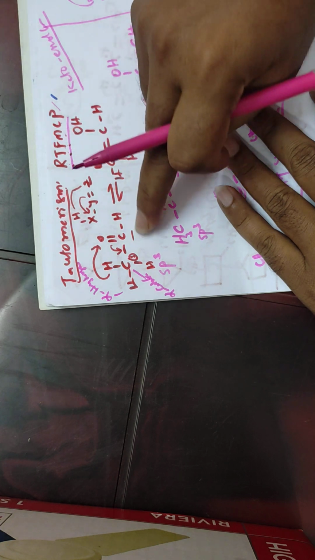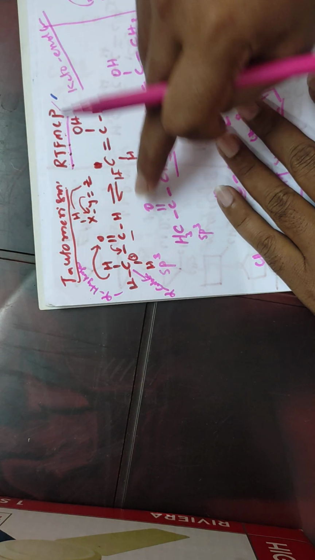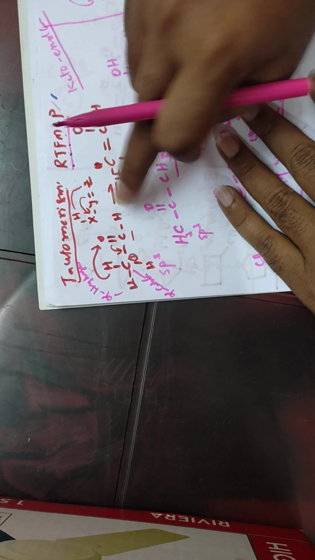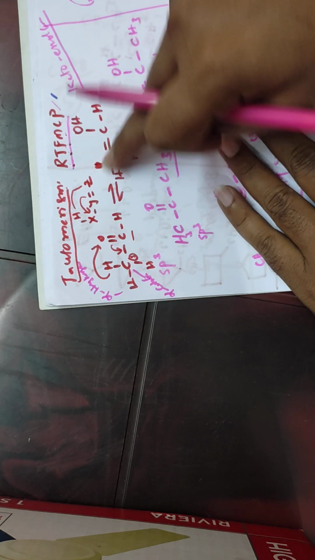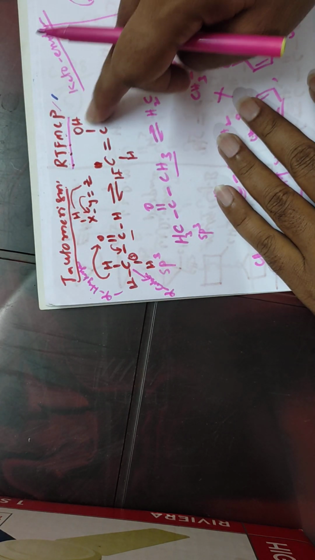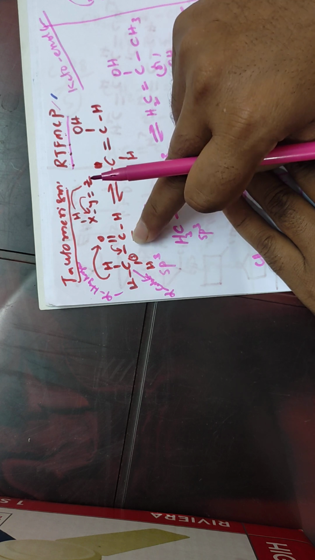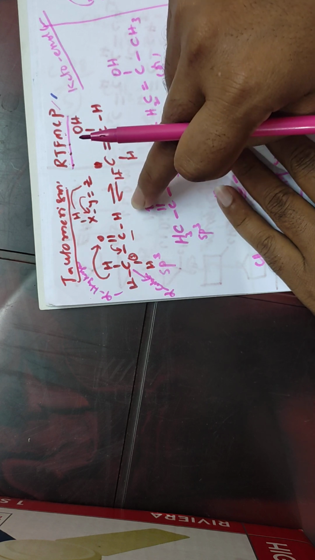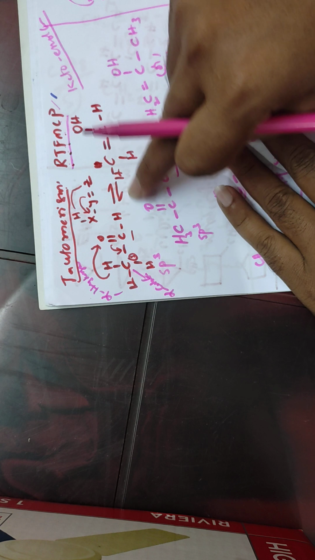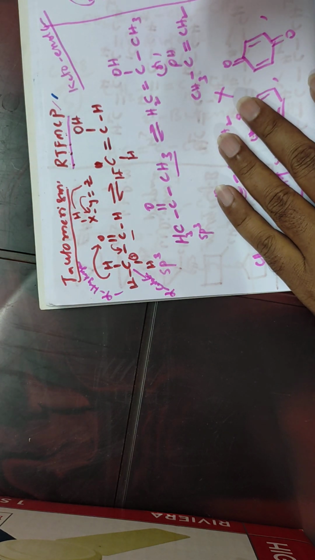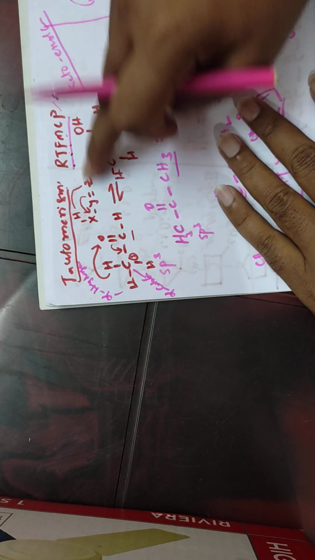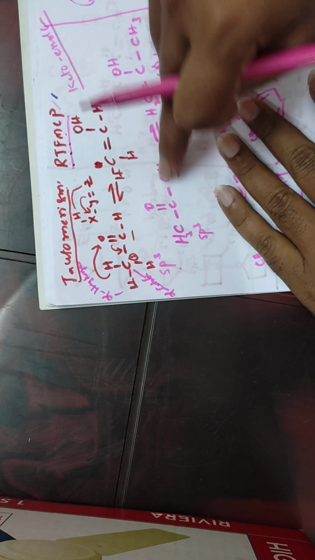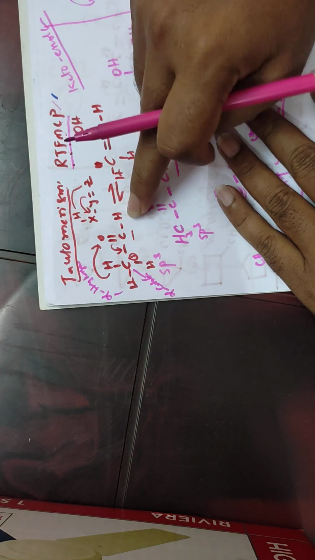So between these two compounds there is equilibrium also. This is the equilibrium symbol. So this changes to this and this changes to this. So this is a dynamic equilibrium. Dynamic means it moves to this, it moves to this. So this is called dynamic equilibrium.